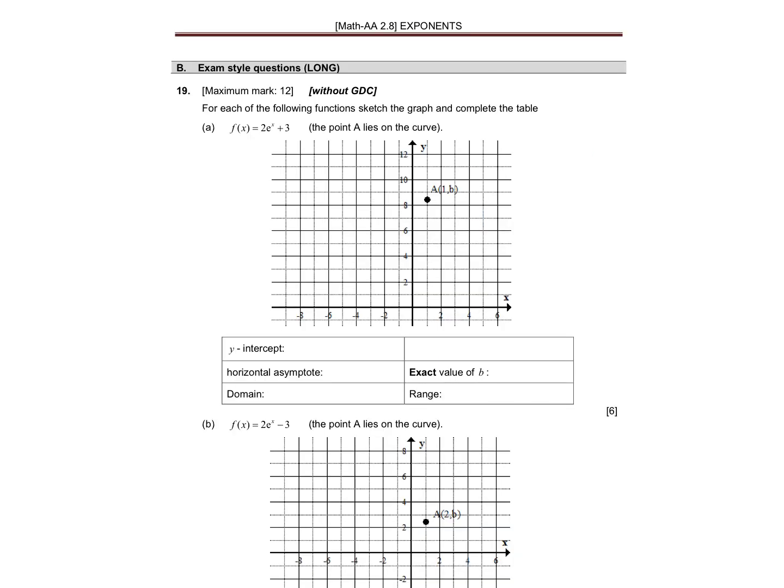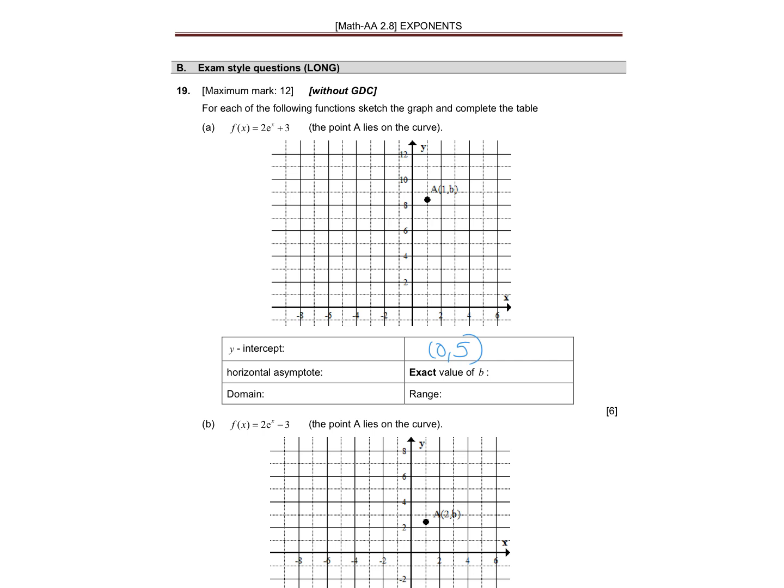All right, number 19, for each of the following functions, sketch the graph and complete the table without graphing calculator. So the asymptote is going to be at 5. No, it's not, sorry, that's the y-intercept. So that's when x is 0. So 0, 5. All right, the asymptote is actually at 3.